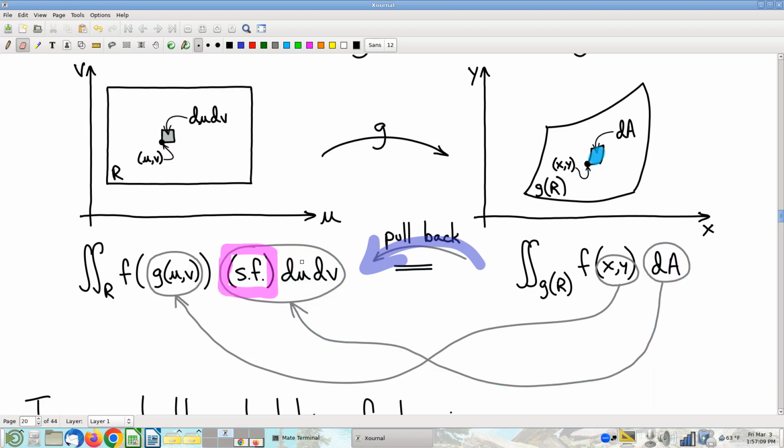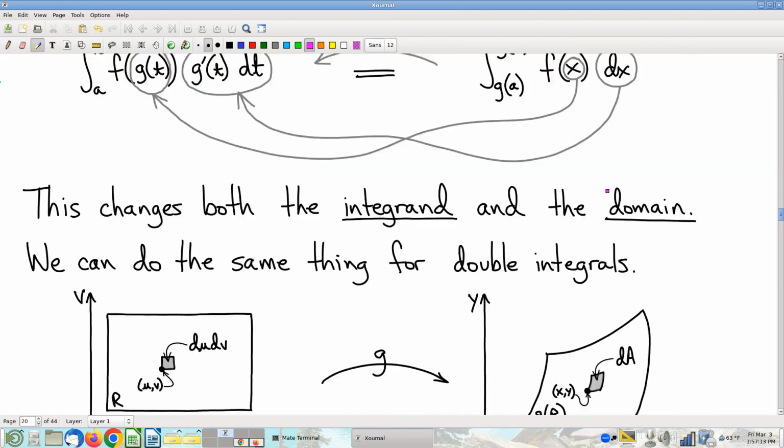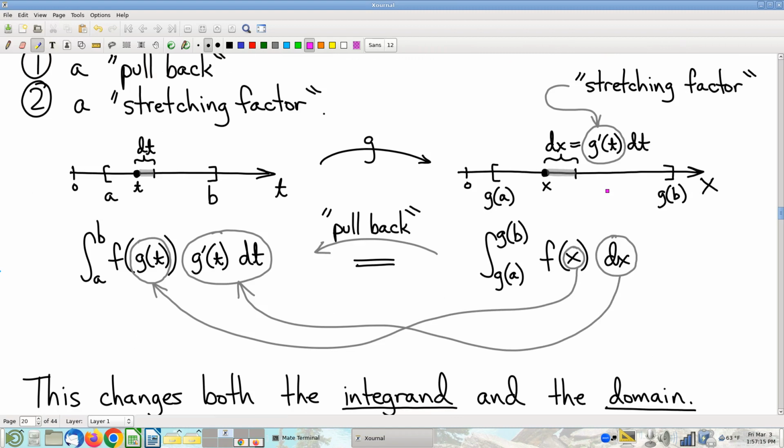Okay. All right, so all together then, details to follow, of course, in the same way that you can think of a substitution function as allowing you to pull back an integral in the target space into an integral in the pullback space, the pre-image space, however you want to say it.